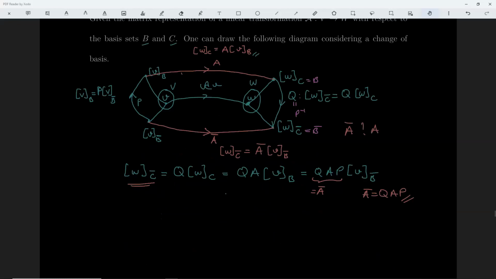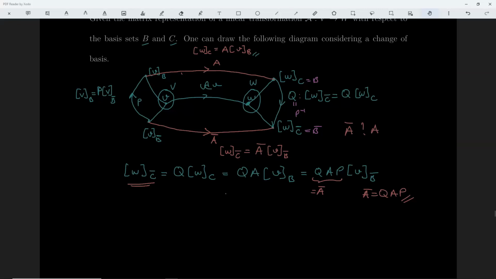Here it is the P matrix. And here there's another invertible matrix Q transforming one representation into another, into your new basis set over here. That is the Q matrix in this example.